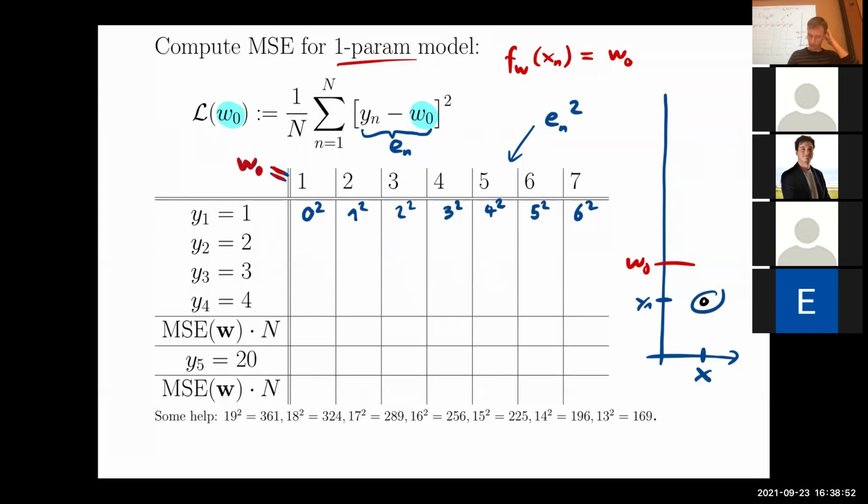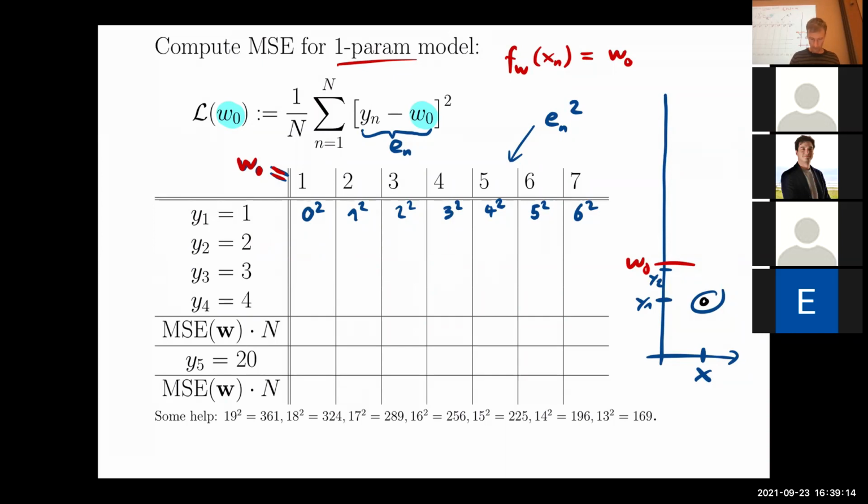Good, but we don't only have one data point, we have another data point. Here is data point 2, y2. Now which model is the best one for that point? It's a different one, but we will only find one model. What we can do is, for any candidate model you could take, see how much error it has.